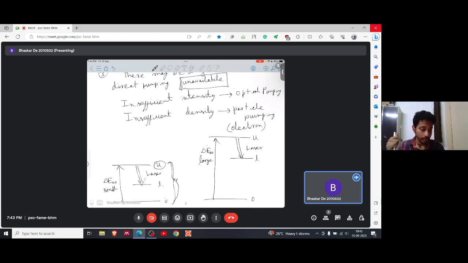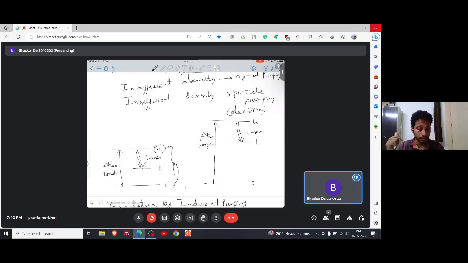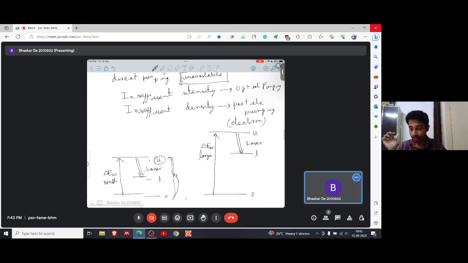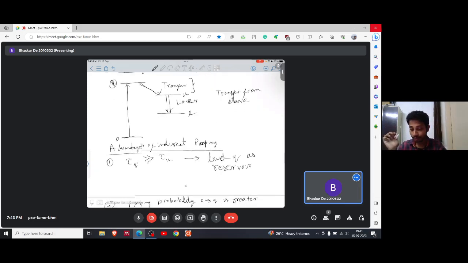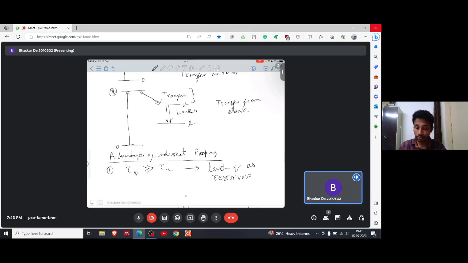Here the transfer from Q to U can be quite selective in many cases. So that means that in indirect pumping we can actually select if we want to pump from 0 to Q or 0 to L. So here doing the pumping from 0 to Q is much easier.